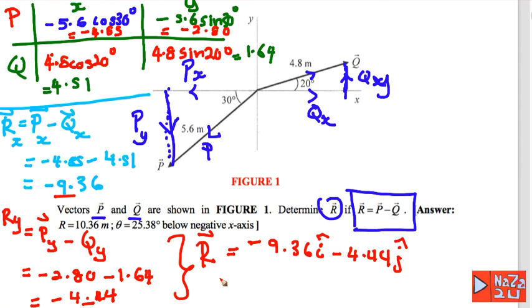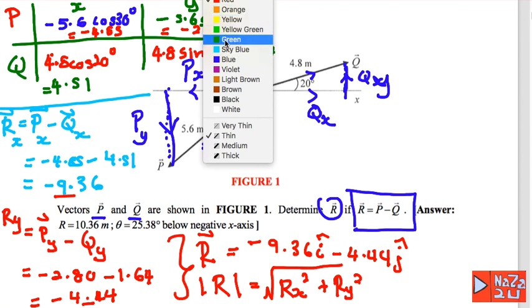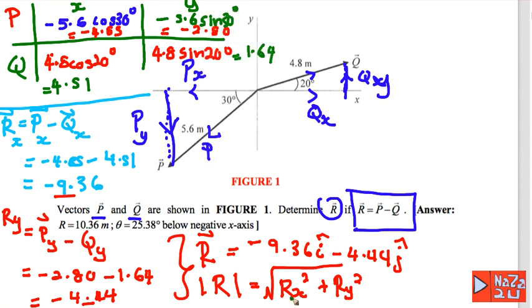Or you can find the magnitude of R using the square root of Rx squared plus Ry squared, 9.36 squared plus 4.44 squared, which is equal to 10.36 meters.